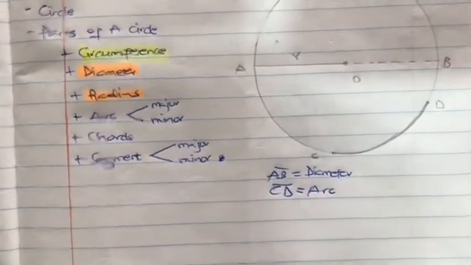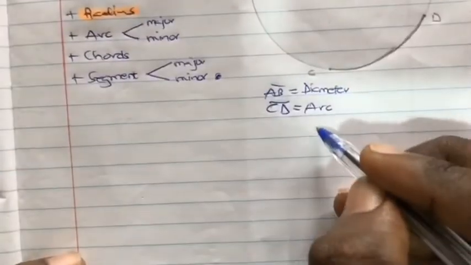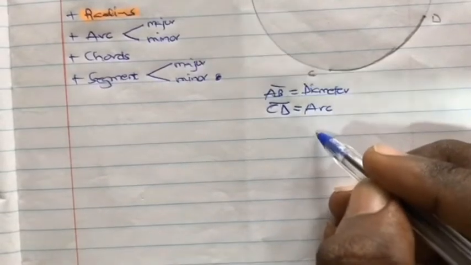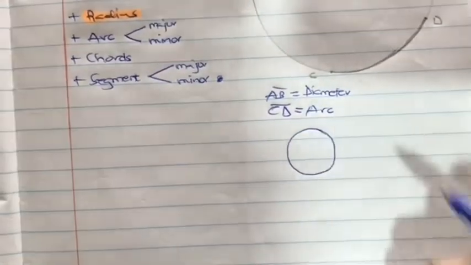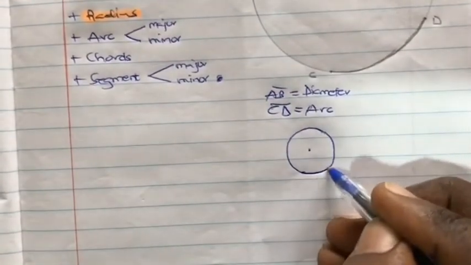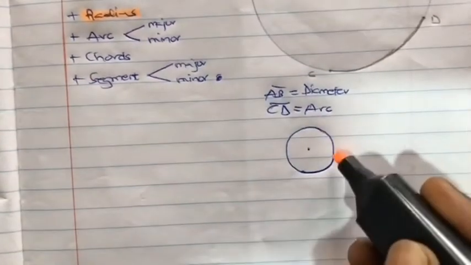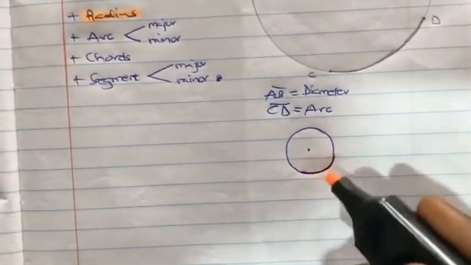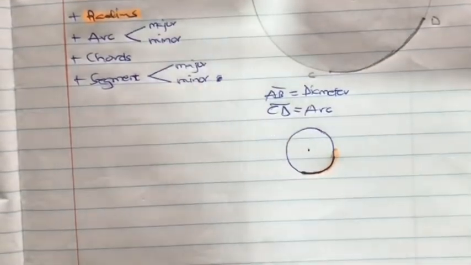How does this come about? Whenever I draw a circle, let me make a freehand sketch. Whenever I make a freehand sketch of a circle and I choose this portion of the circle to be the arc, we can see that we also have another arc.